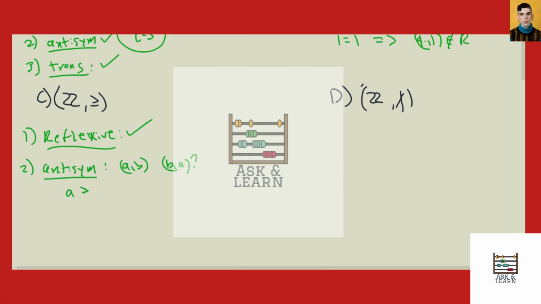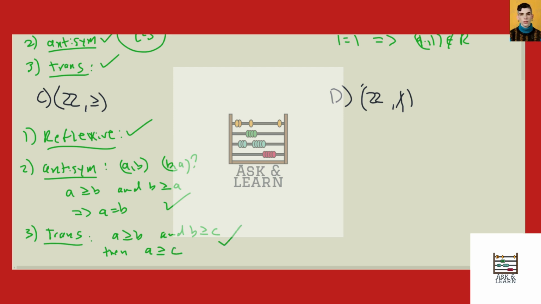Well, if A is greater than or equal to B and B is greater than or equal to A, then the only way that can happen is if A is equal to B. So it has to be anti-symmetric due to that. And now what about transitive? Well, if we have A greater than or equal to B and B greater than or equal to C, then A is definitely greater than or equal to C. So that one also checks out. So this will be a poset.